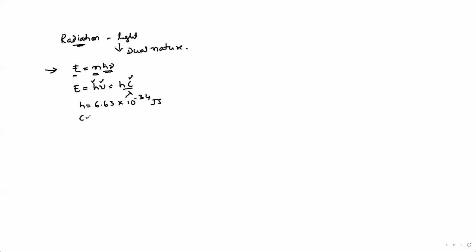The value of c is 3 into 10 power 8 meters per second. Generally, lambda is given in meters, nanometers, micrometers, or angstroms. Nanometer means 10 power minus 9 meters, micrometer means 10 power minus 6, and angstrom means 10 power minus 10 meters.